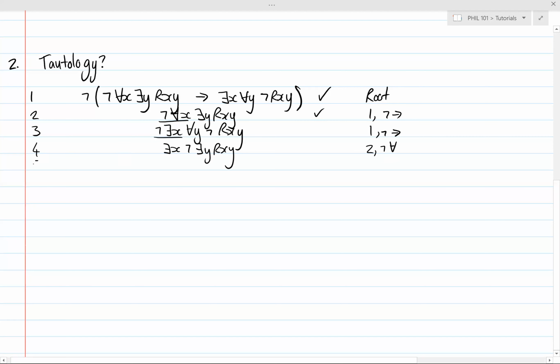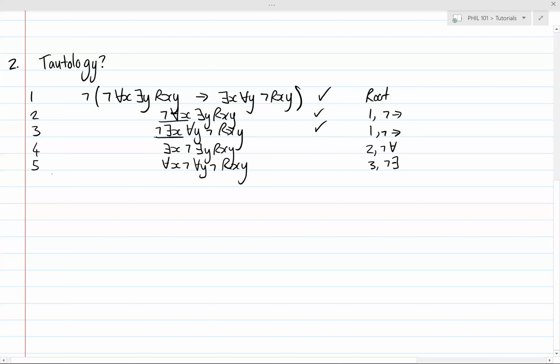And let's do line 5, negation of an existential. We have for all x, negation of for all y, not rxy. And that came from line 3 using the negation of the existential rule.